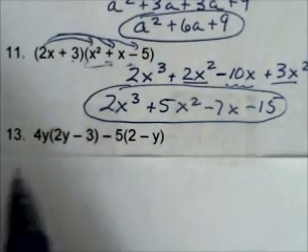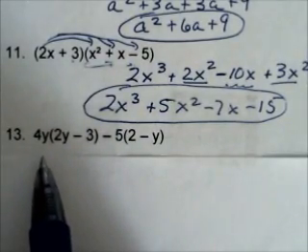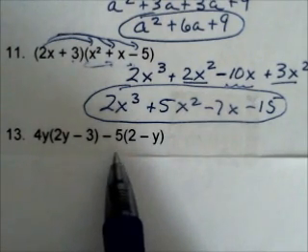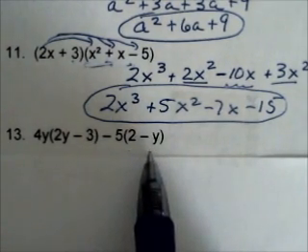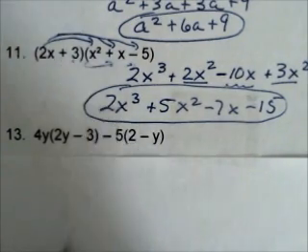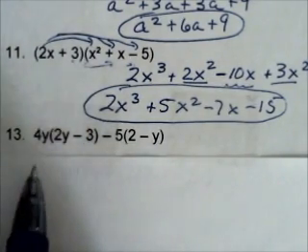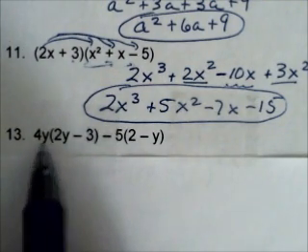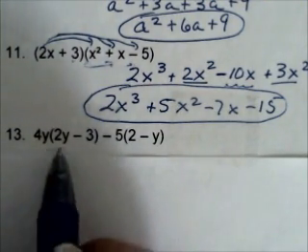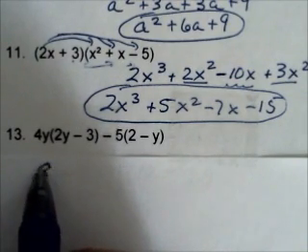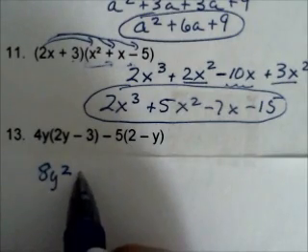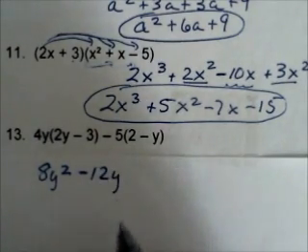Now with our last problem, number 13, we have 4y times 2y minus 3 minus 5 times 2 minus y. So we have these two binomials. What we'll do is follow our order of operations. Of course, we would multiply. So we distribute 4y and get 4y times 2y is 8y squared. 4y times negative 3 is negative 12y.